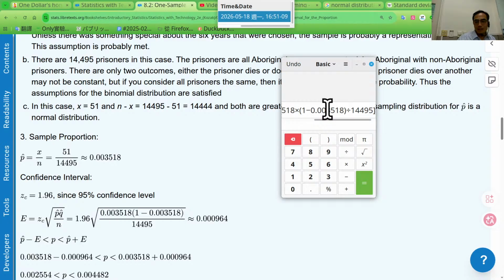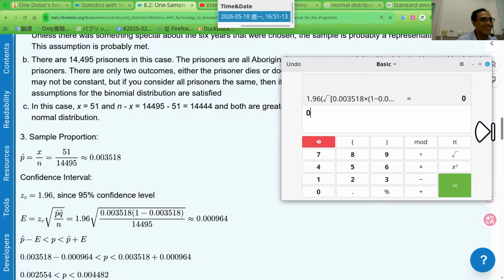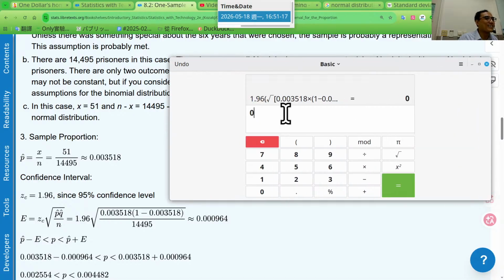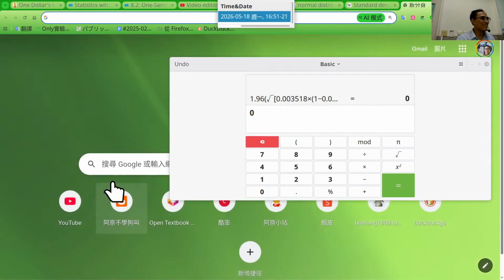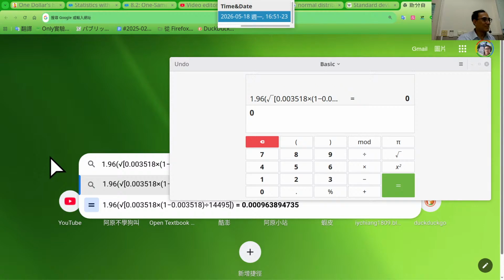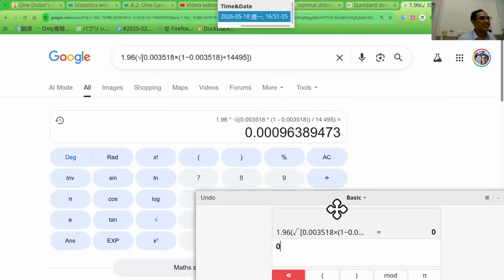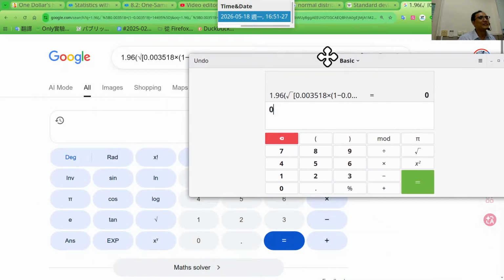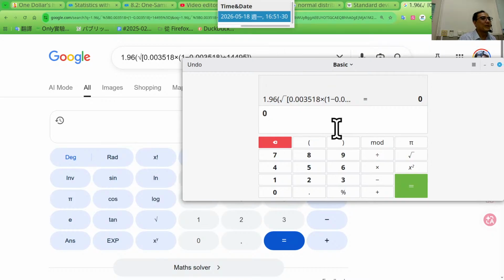Click enter. Why? Why is it 0? Okay, let me do it again. See, because the calculator does not have room for so many decimals, I use the Google calculator.